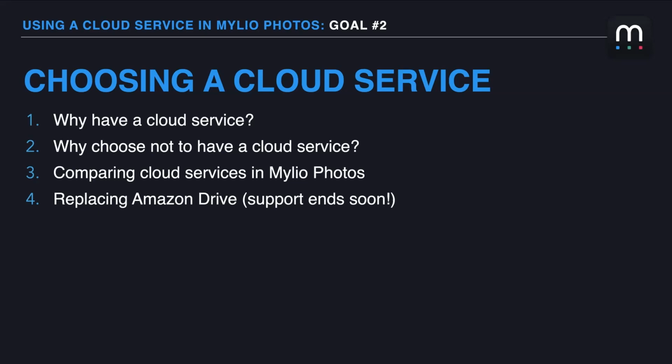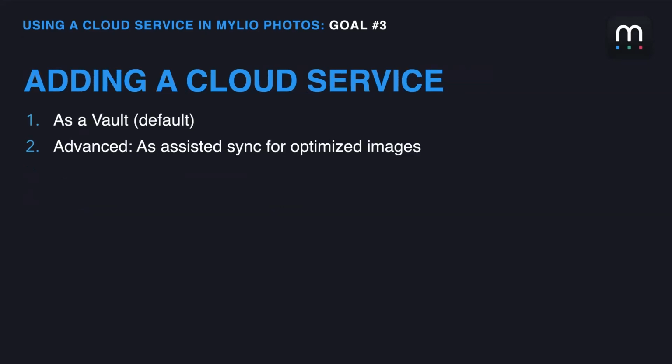And again, that's a decision by Amazon Drive, not by Mylio. We would have loved to keep working with them. And then we'll go through the process of actually adding a cloud service.